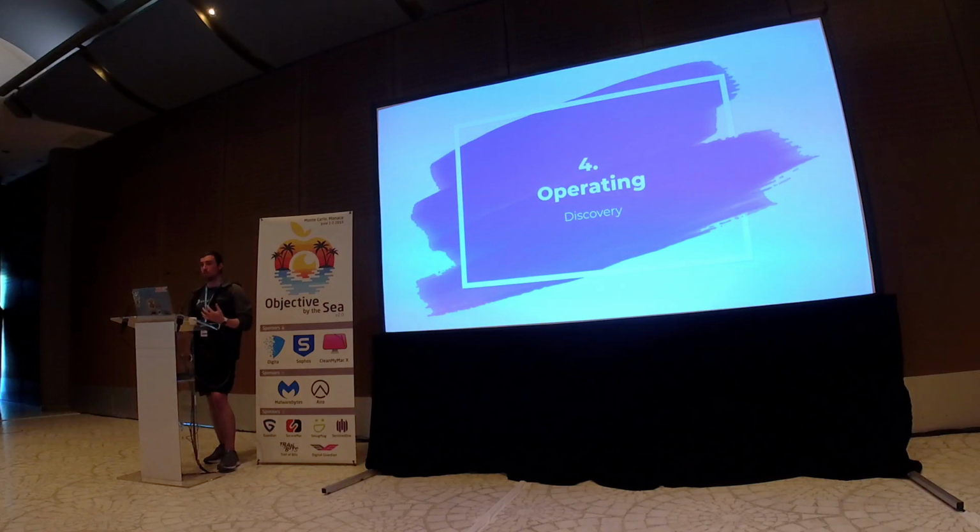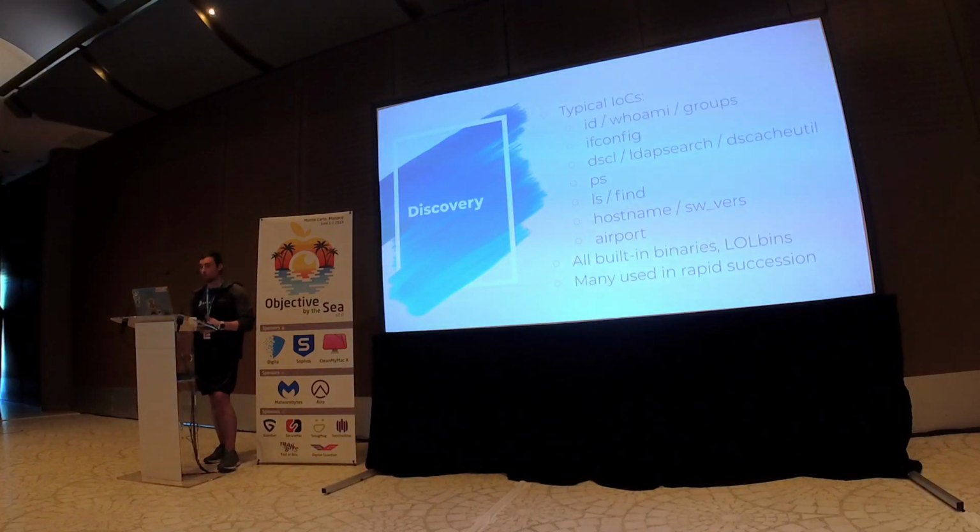How are you going to do things in this operation? The next part is looking at discovery. How do you figure out what's going on? Typically, adversaries go through and run id, who am I, ifconfig, dscl, hostname, all this sort of stuff. They're running all these commands in quick succession to try and figure out what's happening, where am I, what exists on this box.